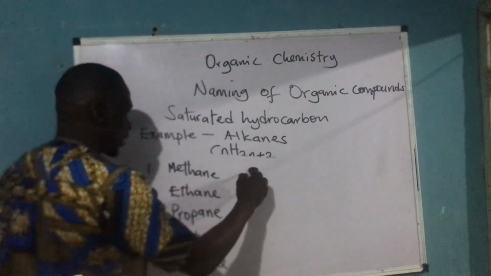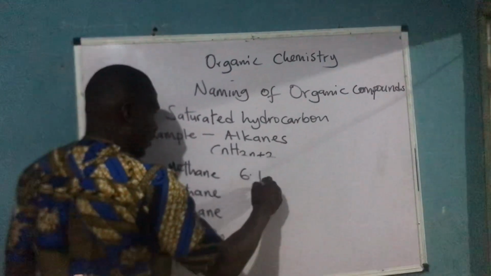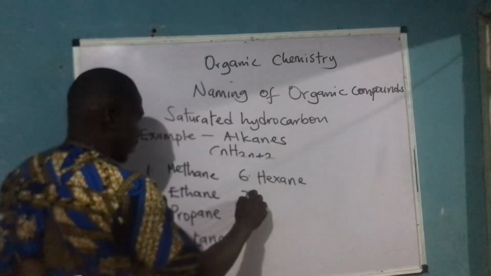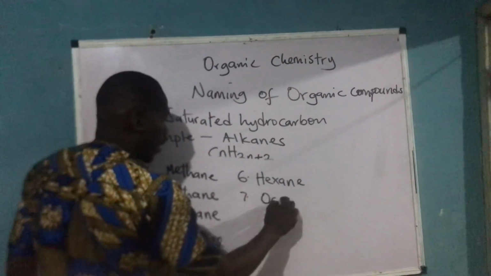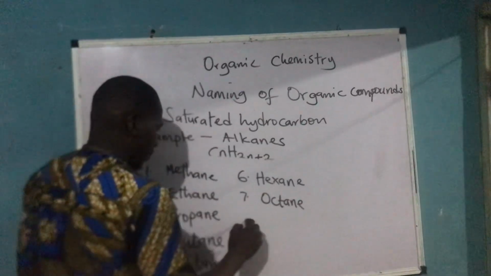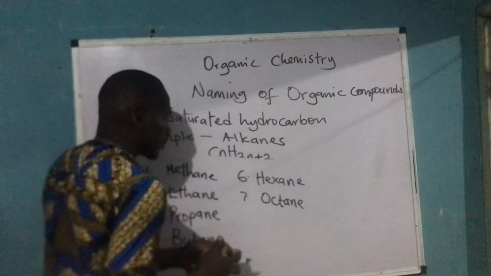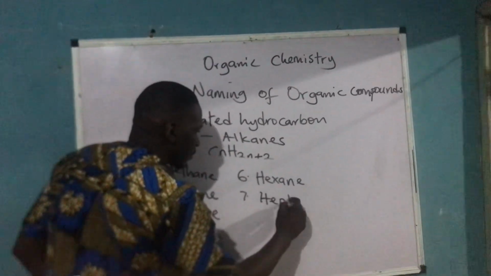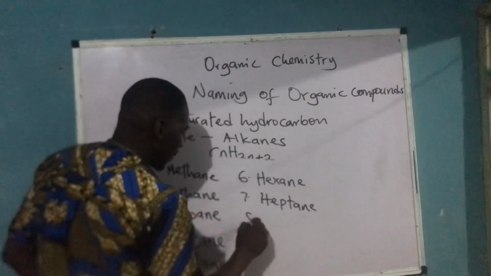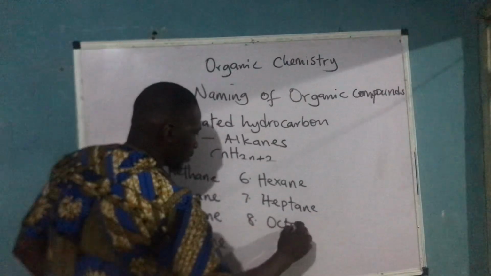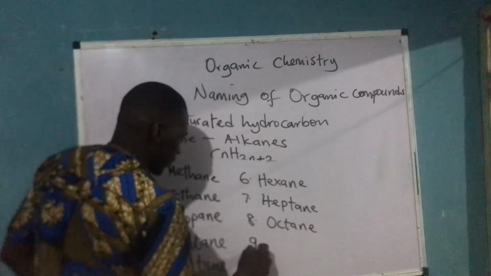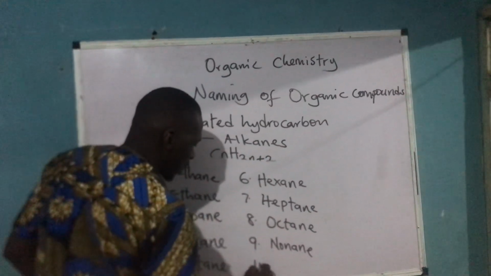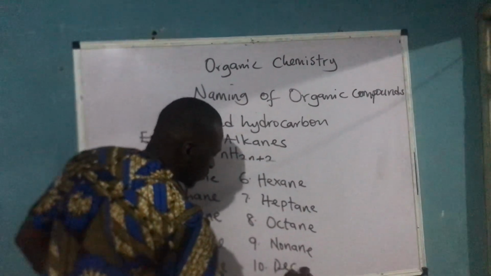The sixth member is hexane, followed by heptane, followed by octane, nonane, and the 10th member is decane.